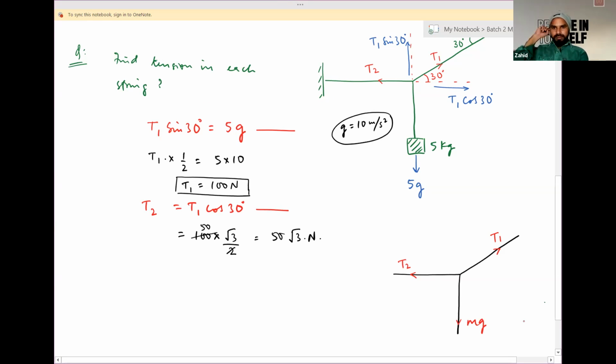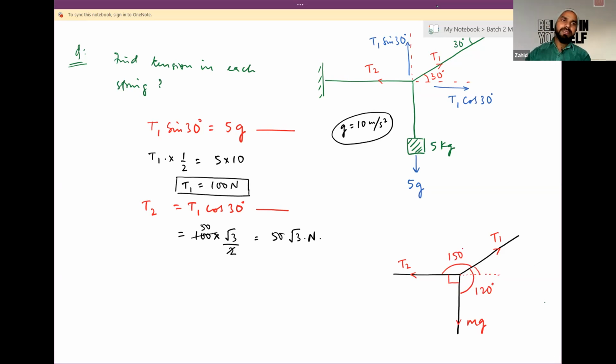For Lami's theorem, we have to first define the angle between each pair. Inclination between these two is 90 degree. If you draw a horizontal line, this will be 30 degree and this will be 90 degree. So total angle from this point to this point will be 120 degree, and the left out portion from this point to this point will be 150 degree.